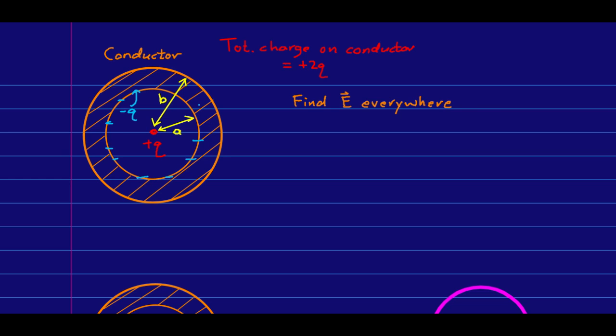And since the total charge on the conducting sphere is plus 2q, there must be plus 3q on the outside of our conducting sphere. So we already know one piece, which is that E is 0 for r between A and B.